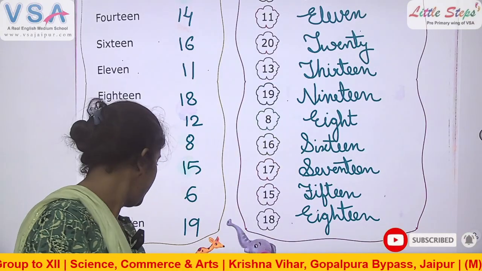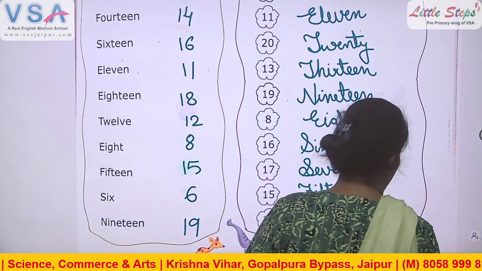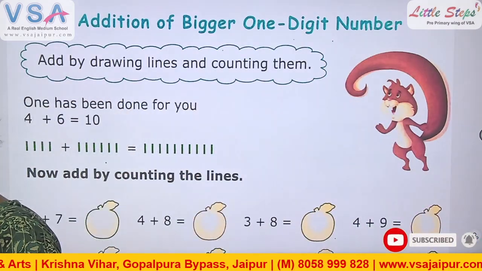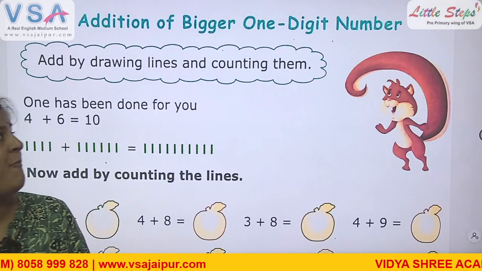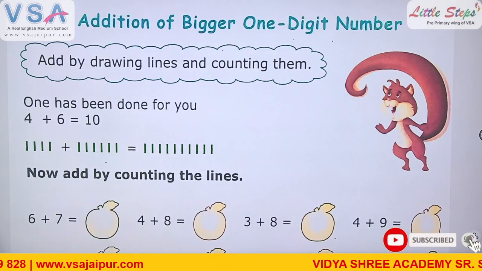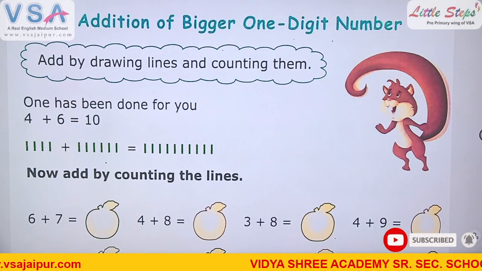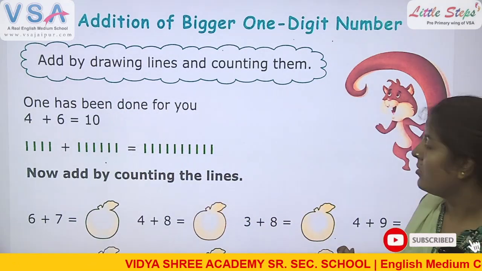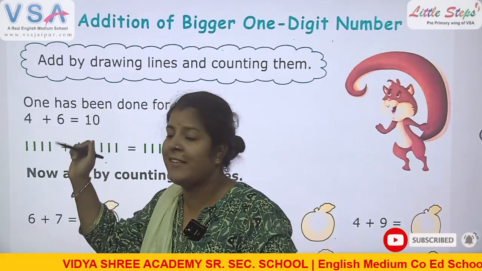The next page. Yes, class, turn the page. Next is addition of bigger one-digit numbers. Add by drawing lines and counting them. Look here. Just like 4 plus 6.